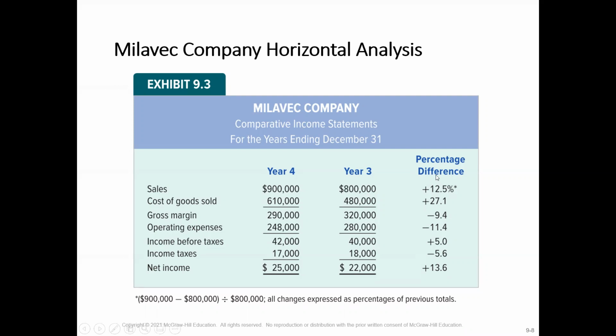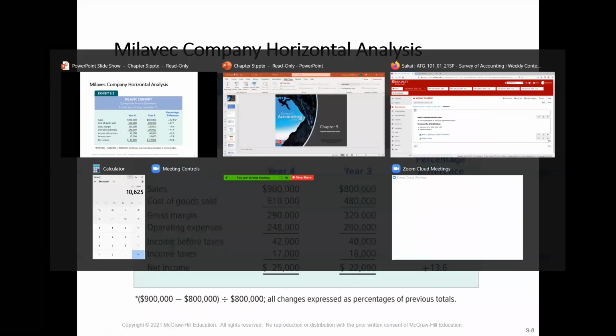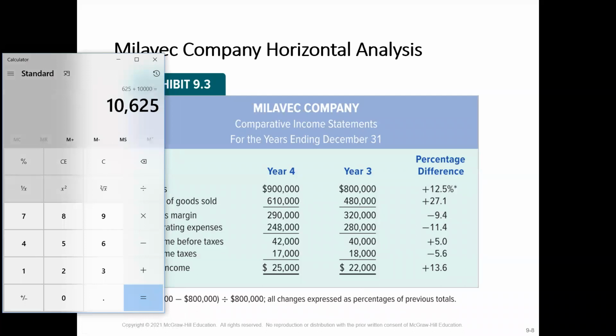So how we get these percentage differences is the big question. We're using year three as a basis. So our sales are going to be expressed as a percentage of year three, year four versus year three. So what you would do is take $900,000 year four sales.